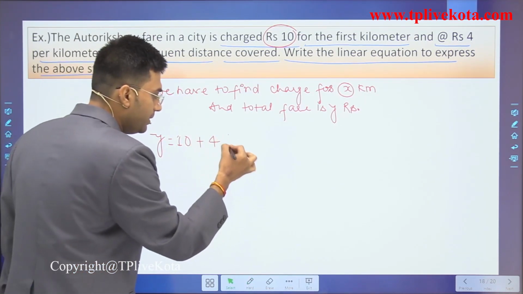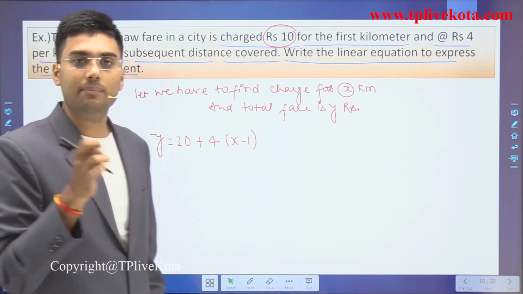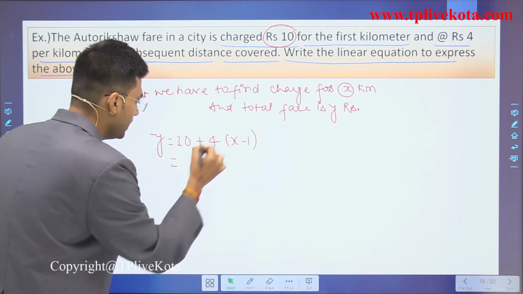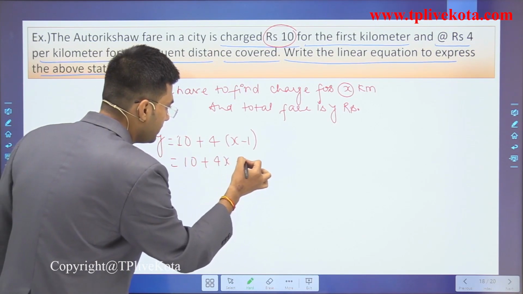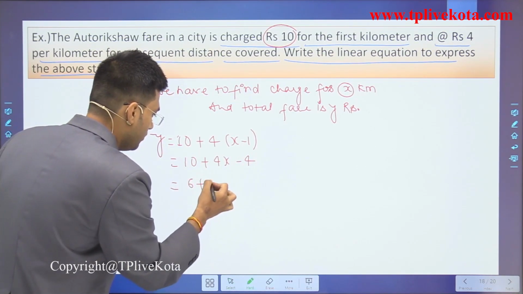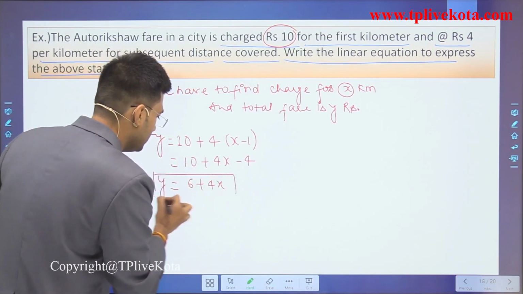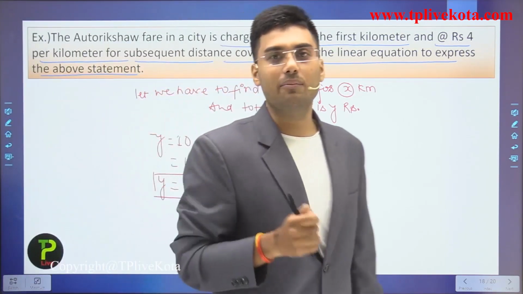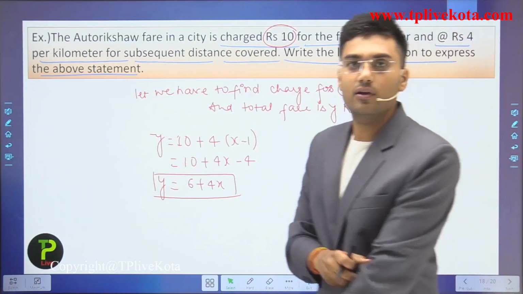So it is 4 multiplied by x minus 1, and when we solve this it is equals to 10 plus 4x minus 4, and it is equals to 6 plus 4x. So y is equals to 6 plus 4x. So this is the linear equation in two variables which shows the information in the given question.